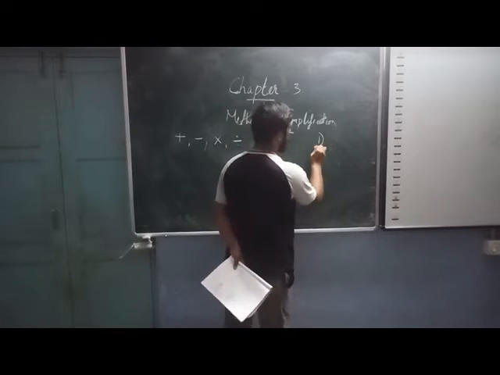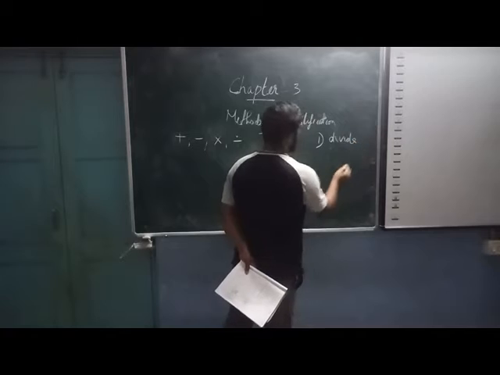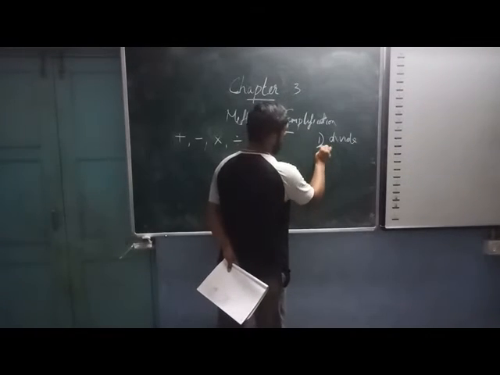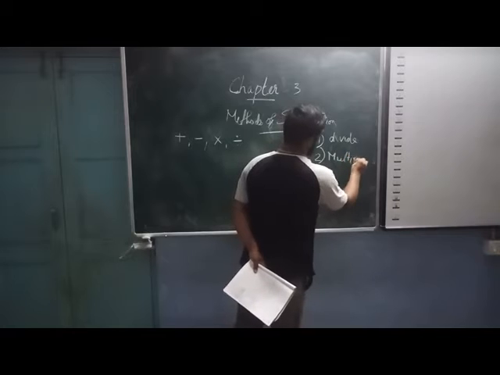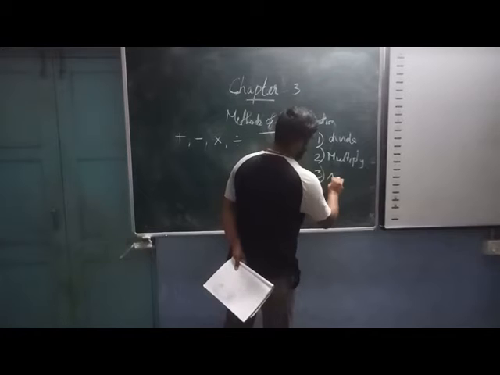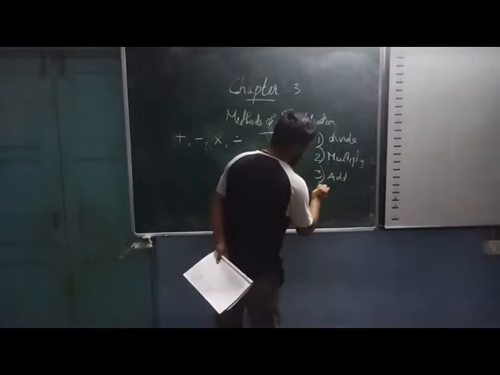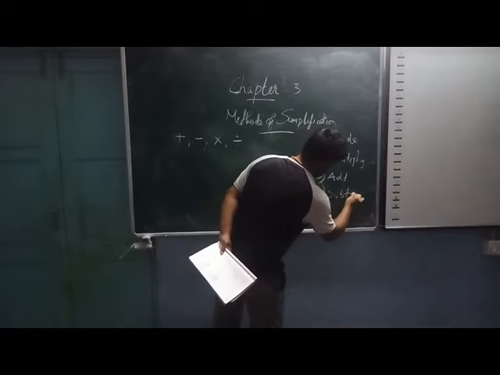The first order is always divide. Then you have to multiply. Third you have to add. And finally you have to subtract.